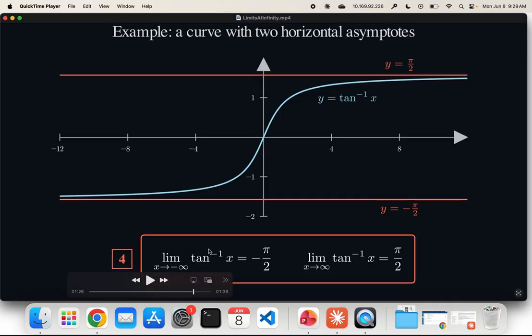So there it is on the bottom here. As x approaches negative infinity, the inverse tangent function approaches negative pi over 2. And as x approaches positive infinity, the inverse tangent function approaches positive pi over 2.